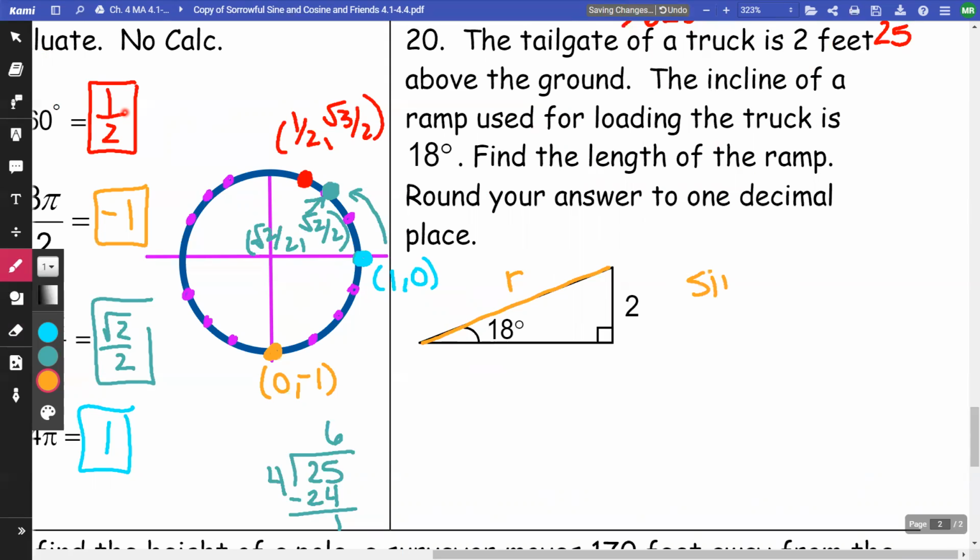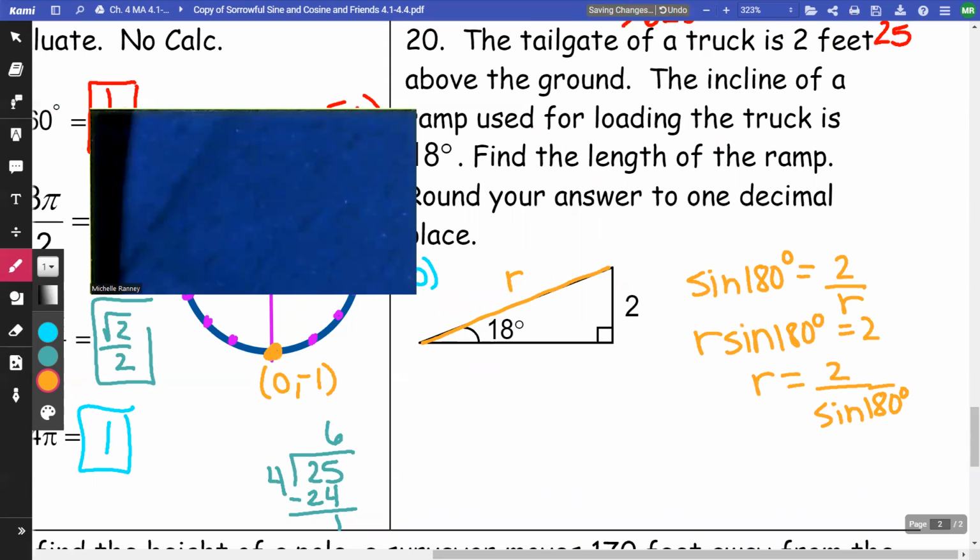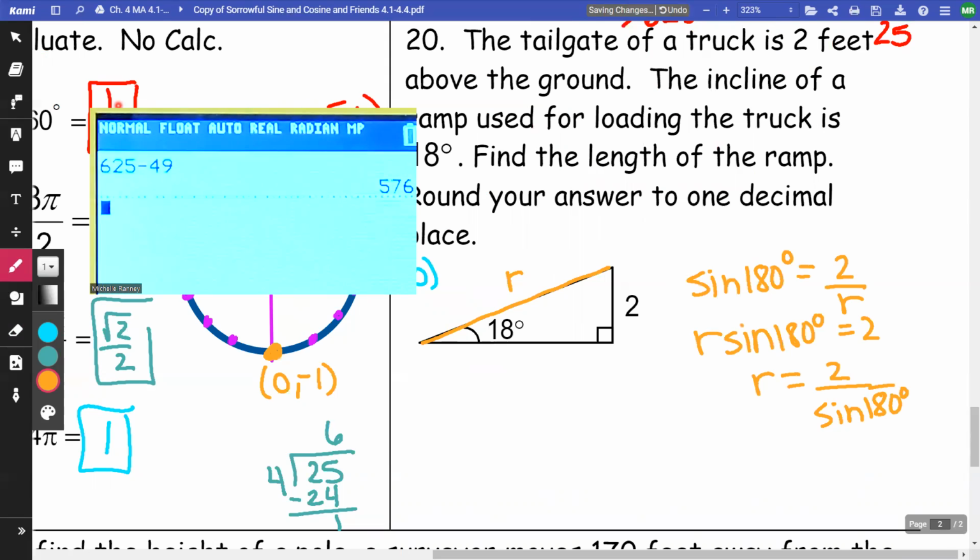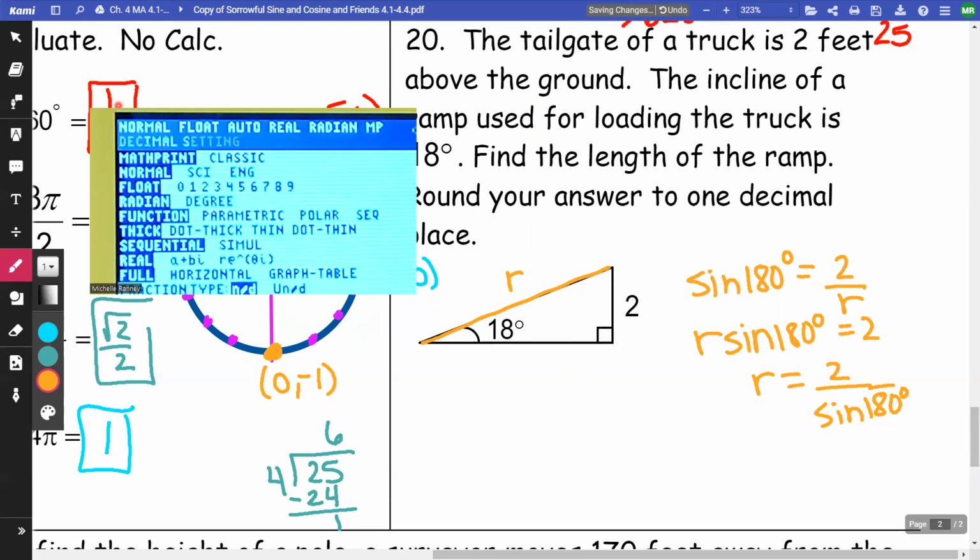So I'm going to do sine of 18 degrees is equal to 2/r. So r times sine of 18 degrees is equal to 2. So r is going to be 2/sine of 18 degrees. So my calculator needs to be in degrees.